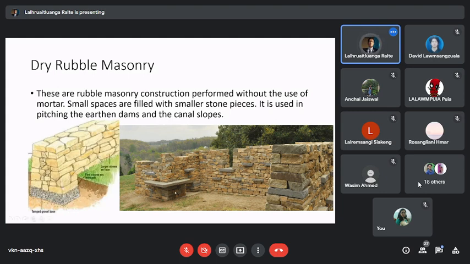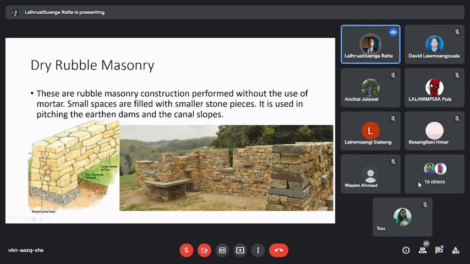So here in this particular image also, as you can see, these stones are laid flat in such a way that when the load is exerted upon it, you are eliminating the possibility of one piece of stone tumbling down or falling down.